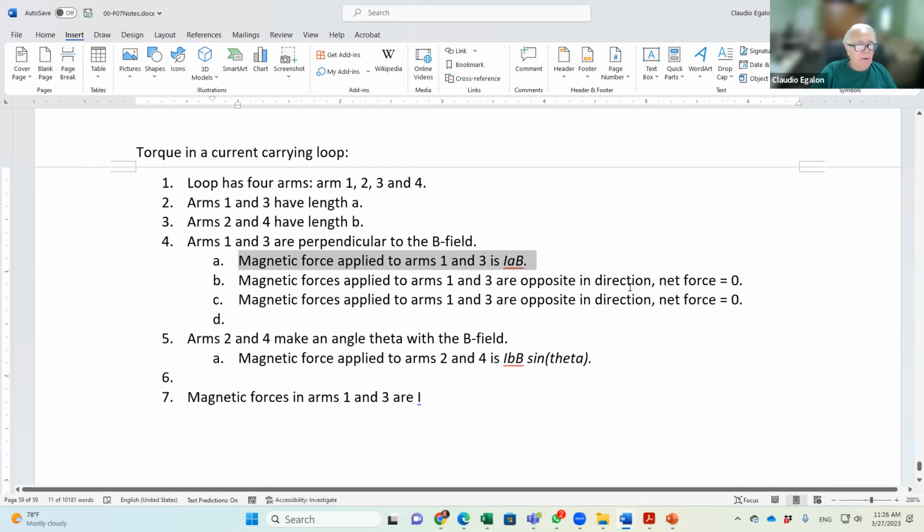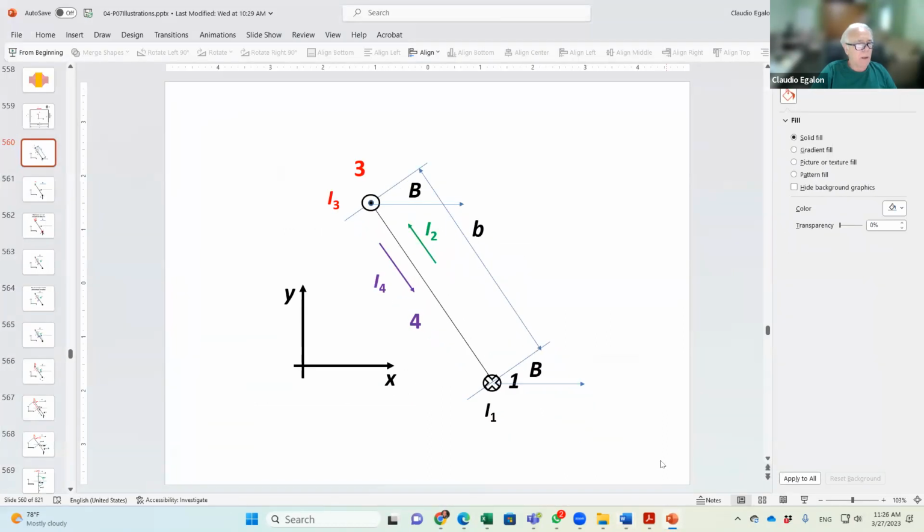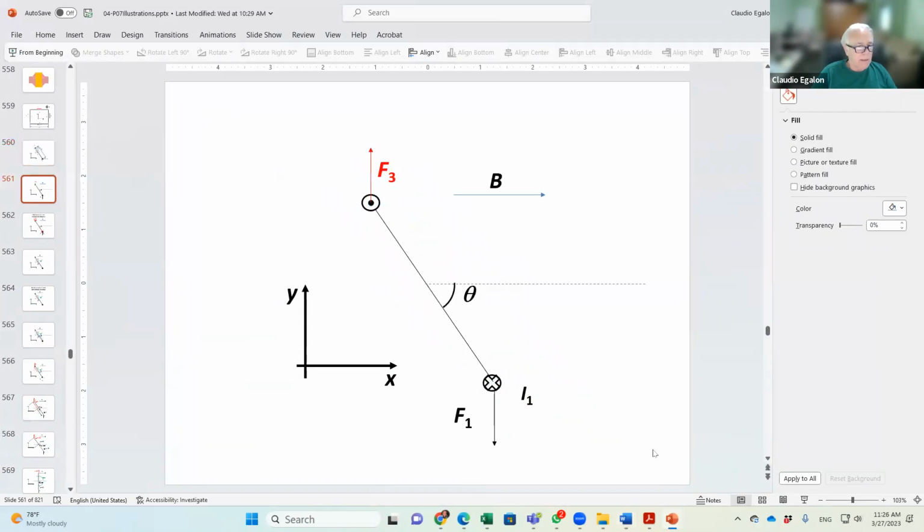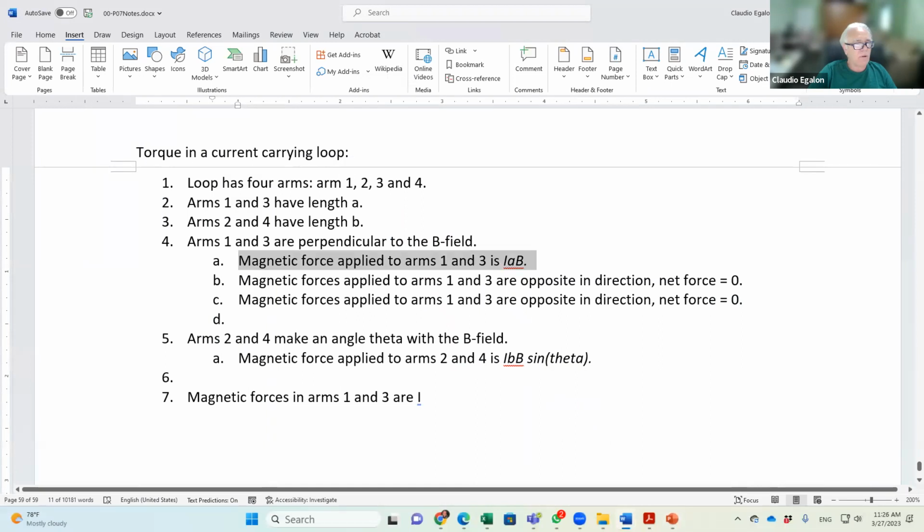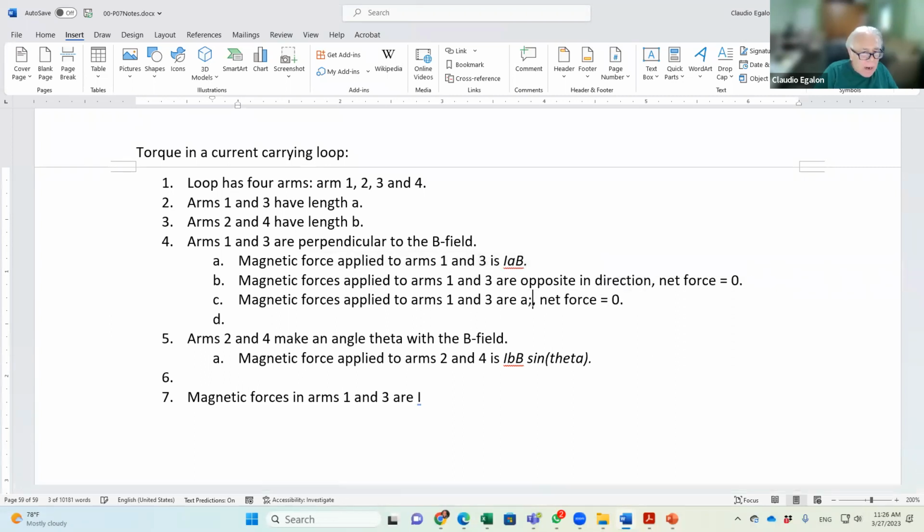Magnetic force applied to arms 1 and 3 are opposite in direction, right? Consequently, net force is equal to 0. But what else? Magnetic forces applied to arms 1 and 3, not only are they opposite in direction, but they are also collinear.